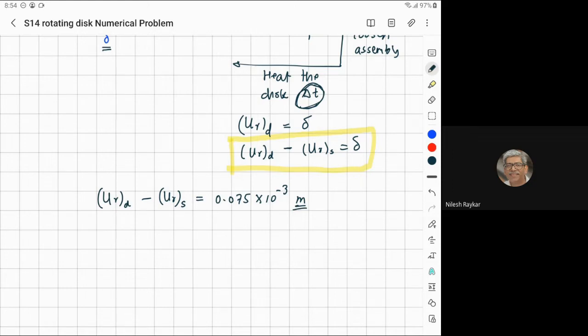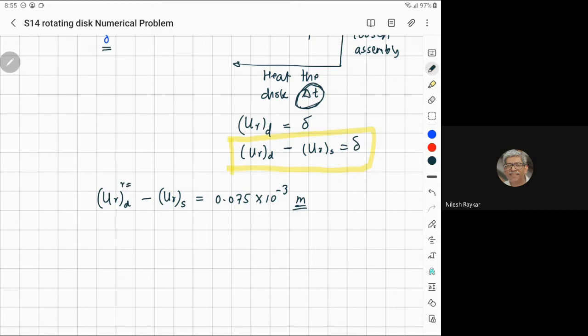And also note that this radial displacement we are not measuring at any arbitrary point in this assembly, but we are measuring exactly where the shaft diameter lies. So wherever is the interference at that radius, that is the contact between the shaft and disc, that radius is what we are considering here. Which means that r is equal to the inside radius.